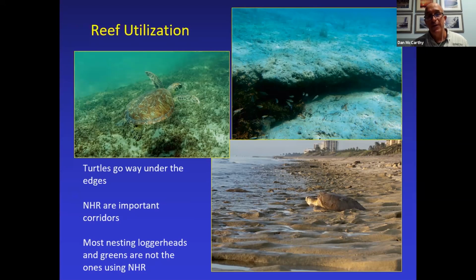And interestingly, from some research that's been done, it's found that many of the nesting loggerheads and greens may not necessarily be the same ones using the nearshore hardbottom reefs. So they're coming from different areas, and there's evidence that suggests, like loggerheads, for example, that we see on our coast, may come from as far north as North Carolina and as far south as the Dry Tortugas.